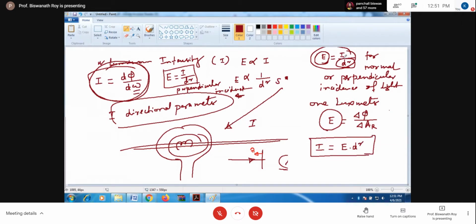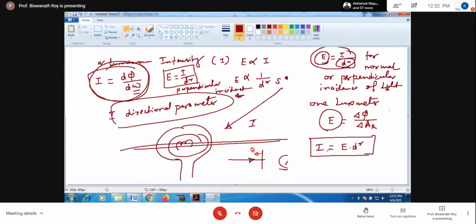We cannot measure intensity directly, but we can measure the value of illuminance with the help of the lux meter, and I can get the distance between the position of the source and the sensor with the help of the optical bench. So I can calculate the value of intensity.